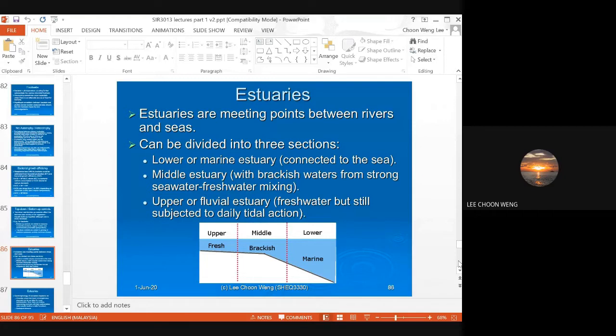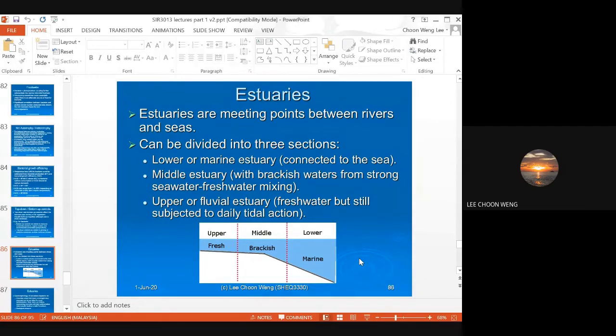Because an estuary is a meeting point between rivers and seas, and both the river and the sea are very, very different waters, it is a very difficult place to study, because of wide fluctuations in temperature, salinity, and nutrients, because of the constant mixing between two different sources of water.